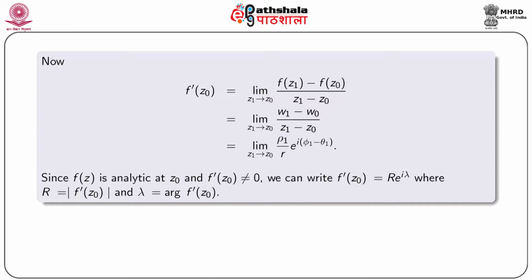Since f z is analytic at z0 and f dash z0 is not equal to 0, we can write f dash z0 equal to r e to the power i lambda, where r is given by modulus f dash z0 and lambda is given by argument f dash z0.